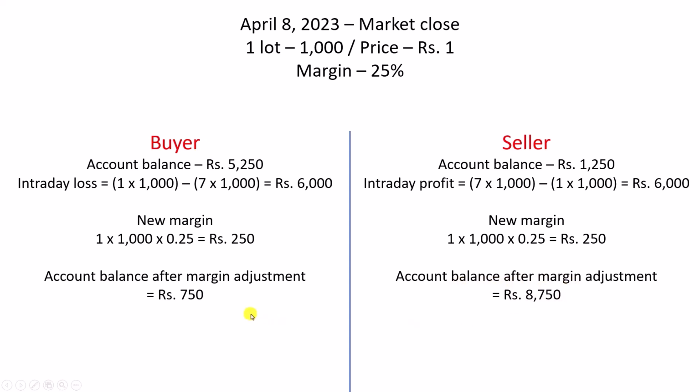Now, on the third day, let us say that they decide to close the position. So the buyer closes his position at rupees 1. He has decided that he was not thinking properly, and so he waited for the third day, and then he had lost the 2000 rupees profit that he had made, and now he has gone into loss, and so he decides to close his position, and so what he gets in his account is this plus this.